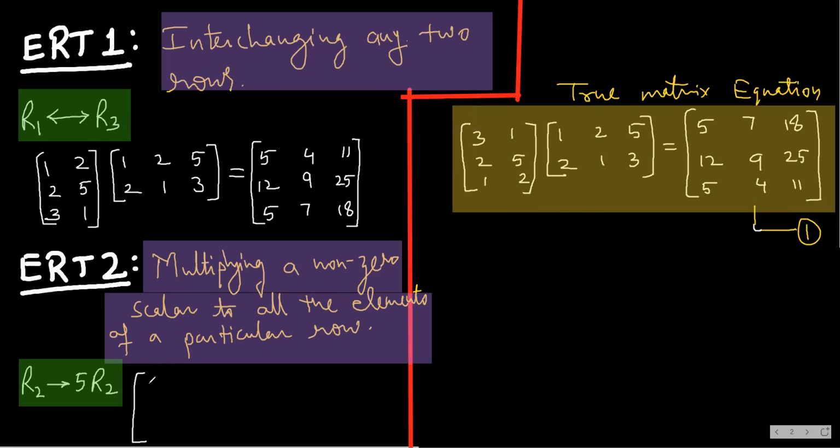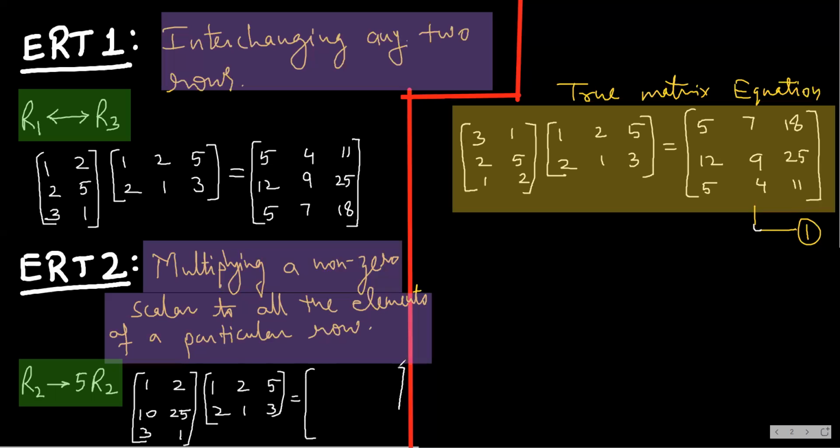I will get here 1, 2, 10, 25, 3, 1. What I did, I multiplied 5 to the elements of R2. So 2 became 10 and 5 became 25. And what about B, the post factor? Nothing you will do: 1, 5, 2, 1, 3. And what about the RHS matrix?